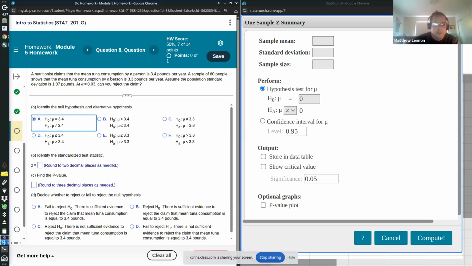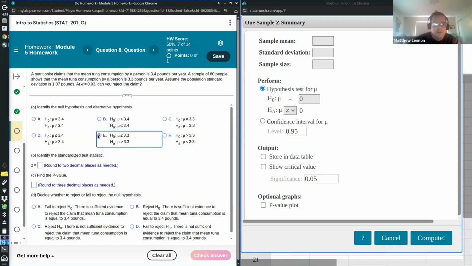And then it says something about the claim is 3.3 per year. So the sample was 3.3, and then the, what the heck?